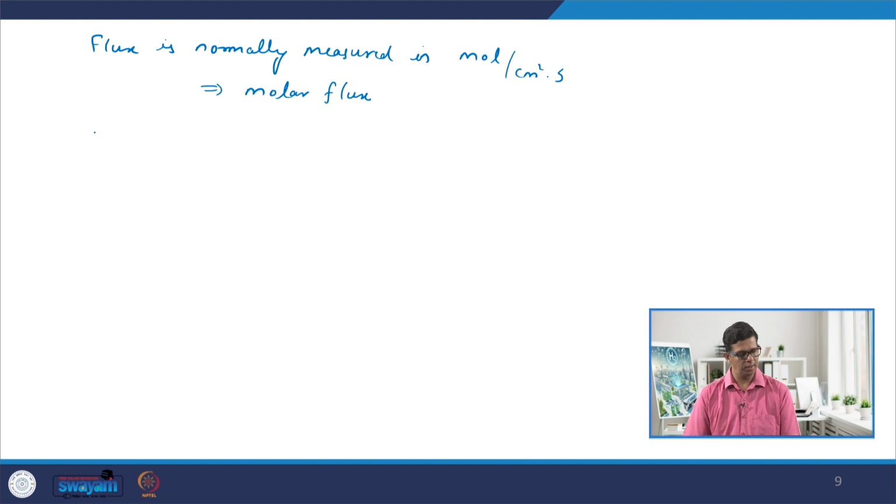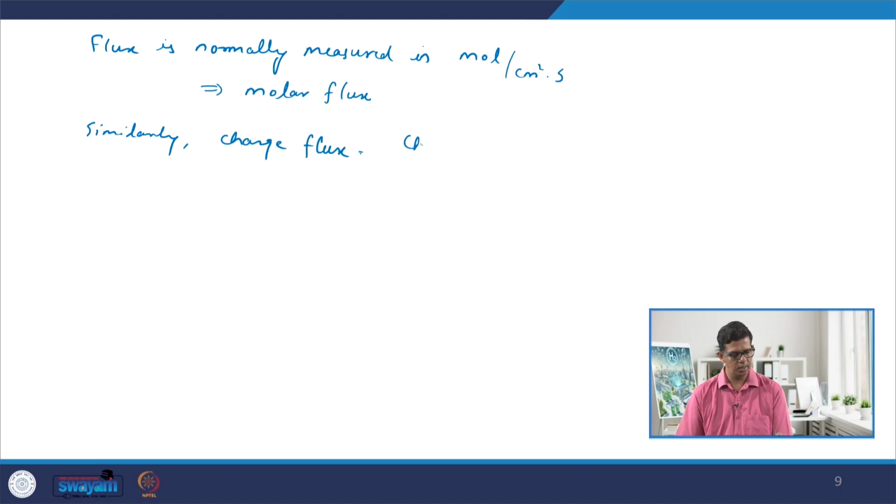In the case of charge, instead of molar flux, we can write it as a charge flux. Basically, it is charge per unit area per unit time, just extending the molar flux definition to the charge flux.